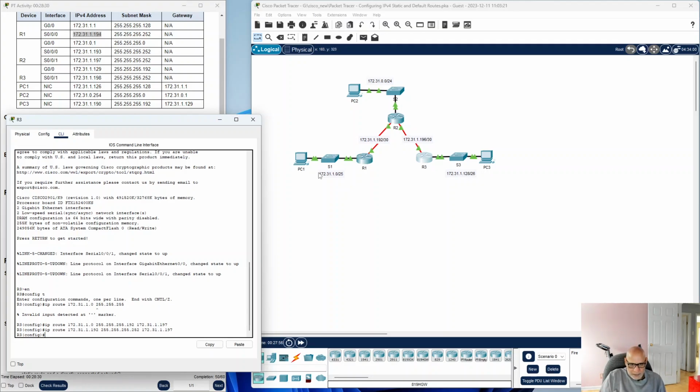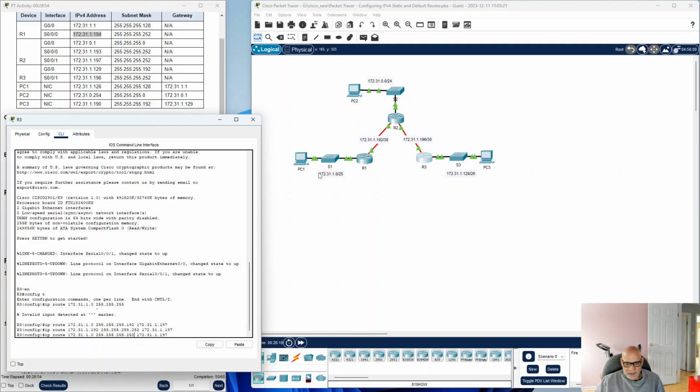All right, so this is the second route, this is the third route. So it would be 192.31.192.31.1.1.0.